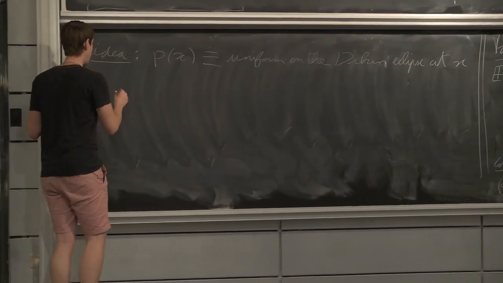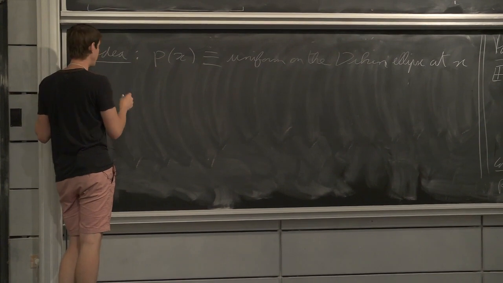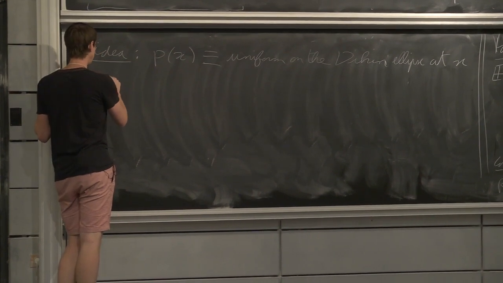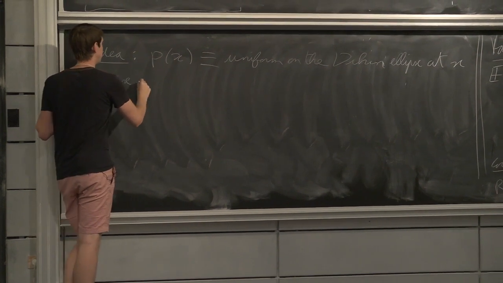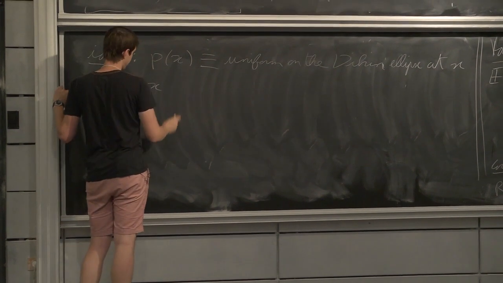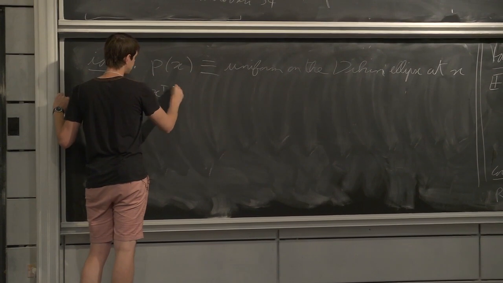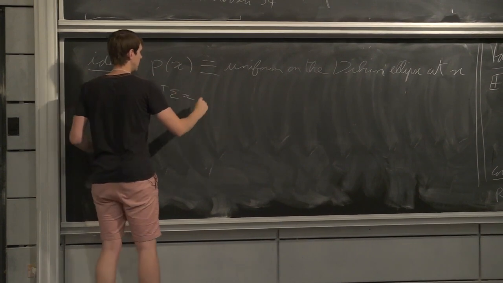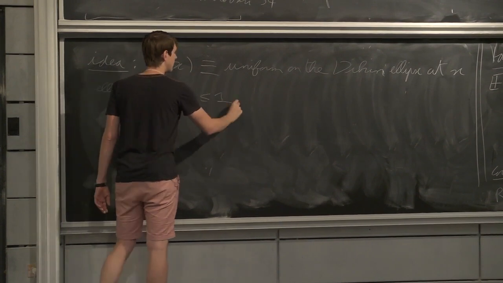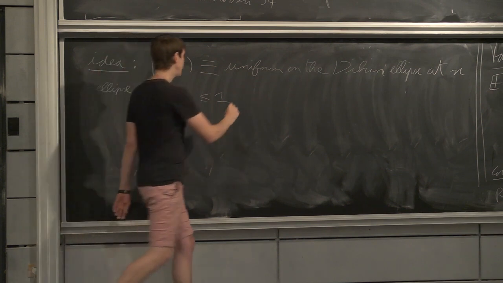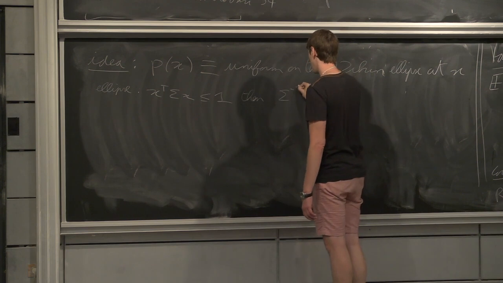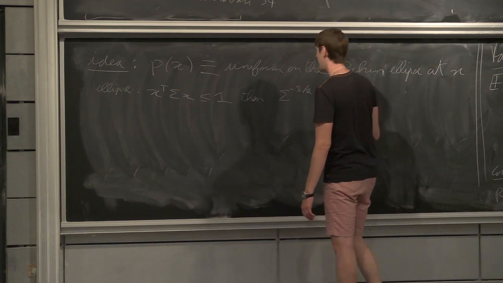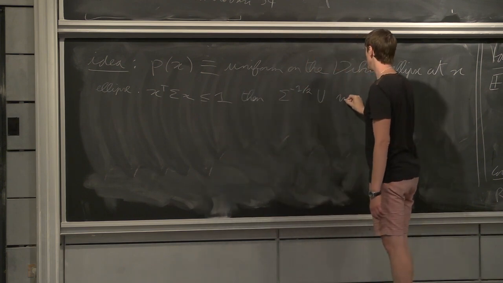So how do I sample uniformly from an ellipse? If I have an ellipse, which is like x transpose sigma x less than 1, then take sigma to the minus 1/2 times u.